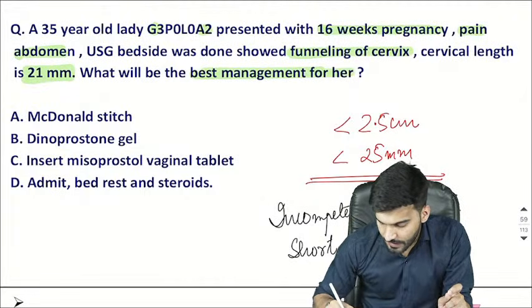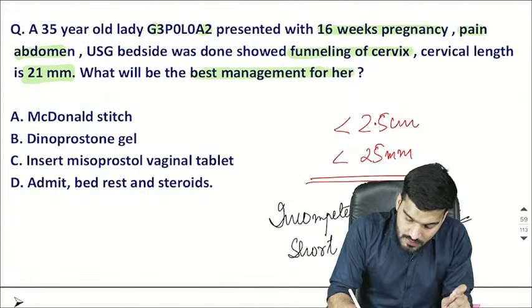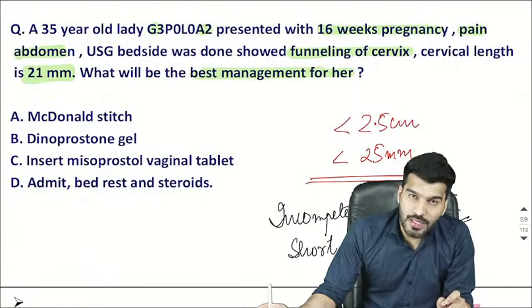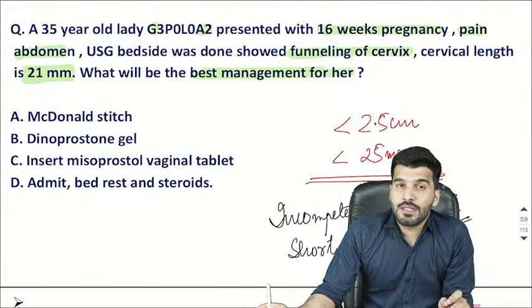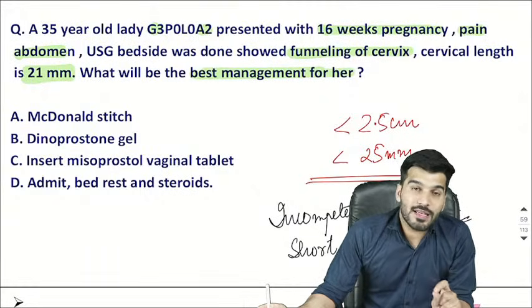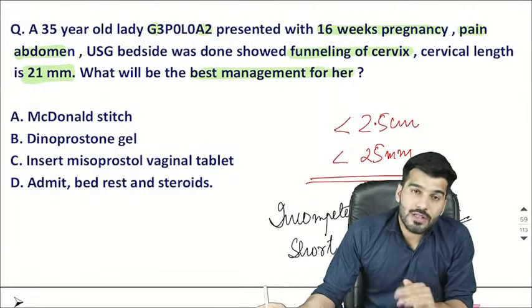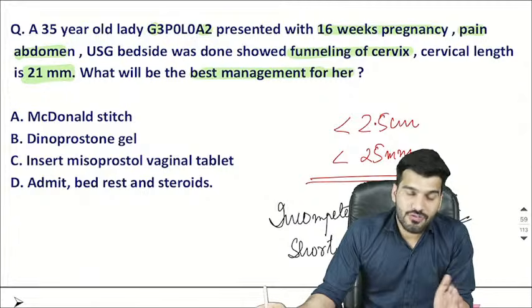Clear? Now this short cervix or cervical insufficiency can lead to abortion. Which trimester abortion will it be associated with? It can be associated with a second trimester abortion, because this is related to the anatomy, and anatomical causes are more related to second trimester abortion.